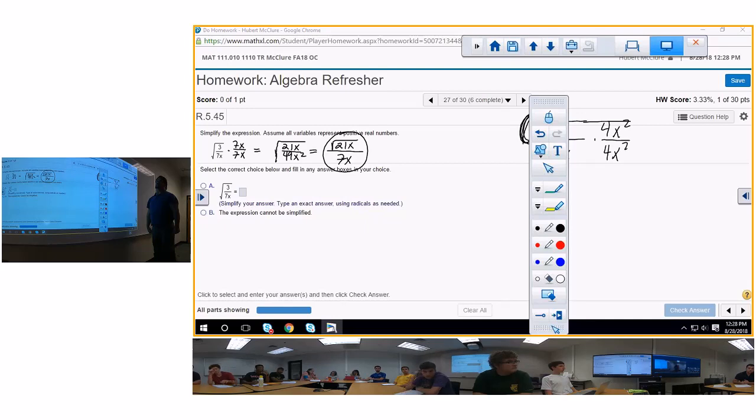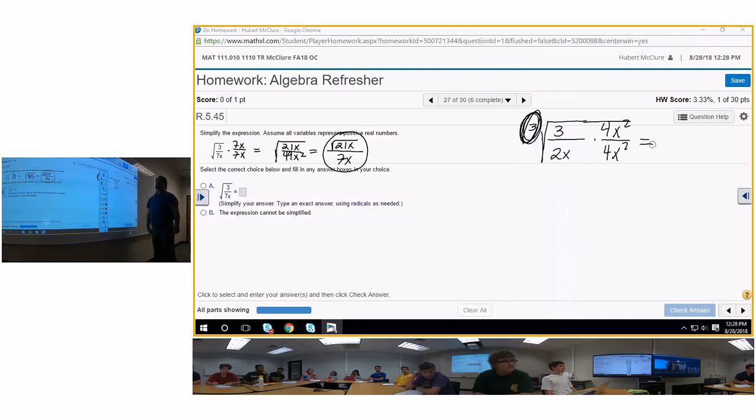So now that gives me 12. Could I care less about the numerator? I don't care about the numerator because I can have a radical in the numerator, but you don't want a radical in the denominator. So that's what they're trying to tell you to do, is rationalize the denominator.